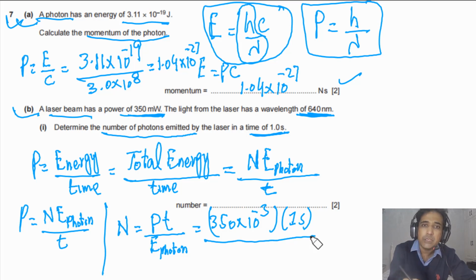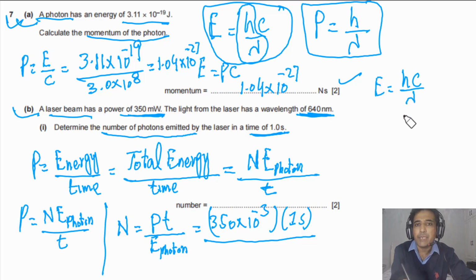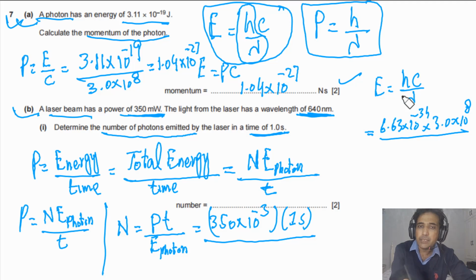And the energy of a single photon, as we discussed before, E is equal to hc over lambda. So simply we can write here hc over lambda. I'll be writing here the value of Planck's constant, that is 6.63 times 10 to minus 34. C is a constant, that is 3.0 times 10 to 8, divided by lambda of the photon, that is 640 nanometers, meaning 10 to minus 9.